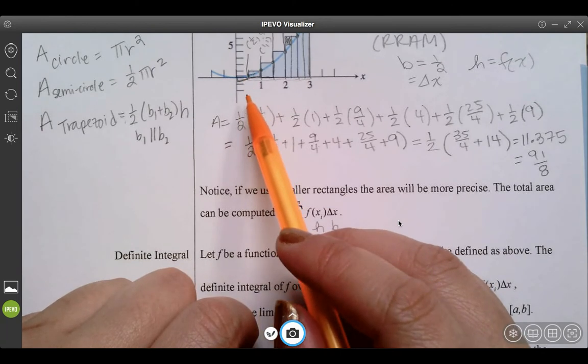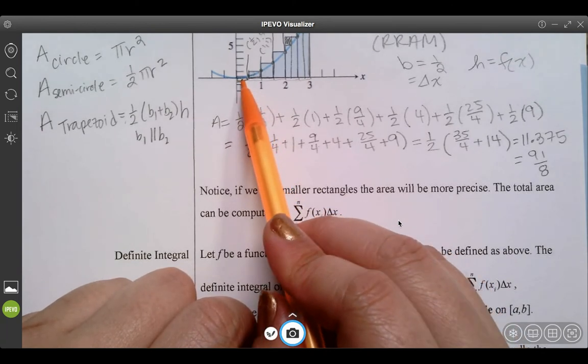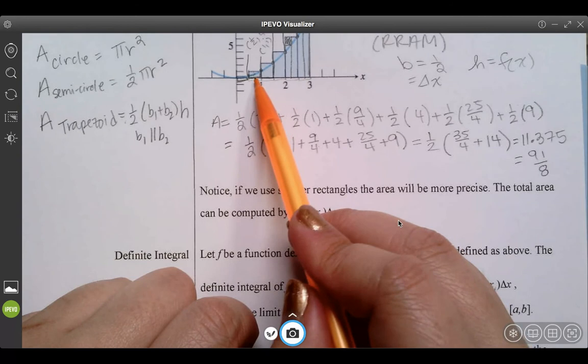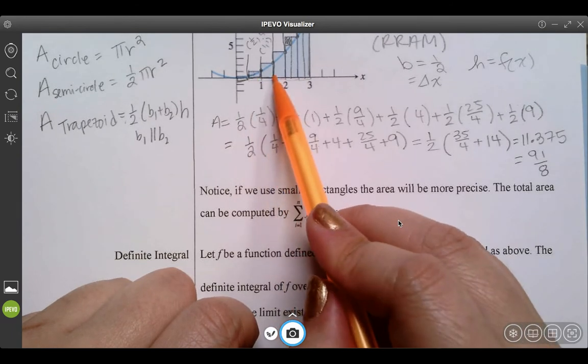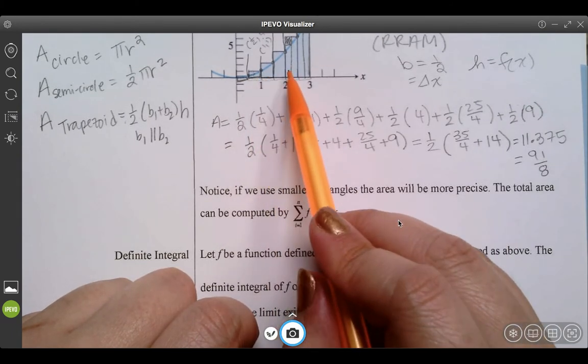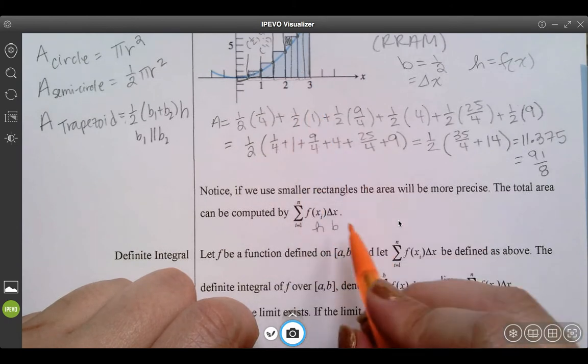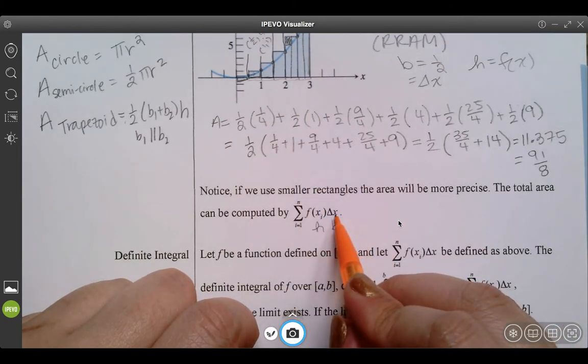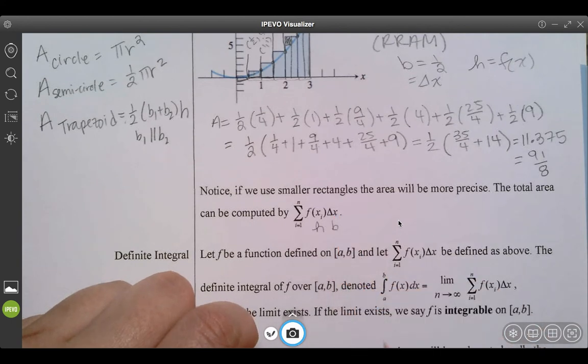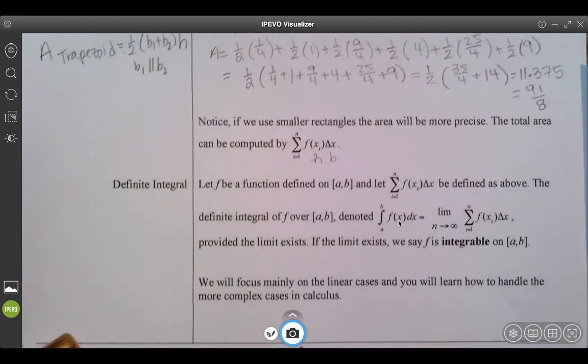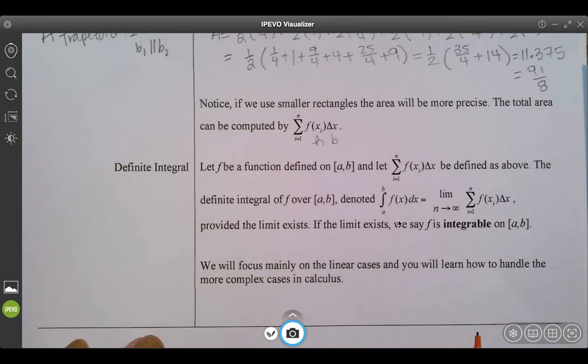I'm sorry, I keep saying triangles. So our first rectangle would be x1, our second rectangle would be x2, and so on and so forth. And the smaller we get those rectangles, the smaller we can make our change in x, the more exact our area will be.